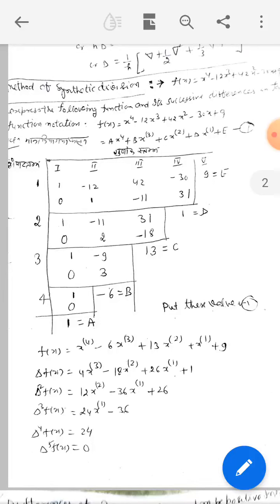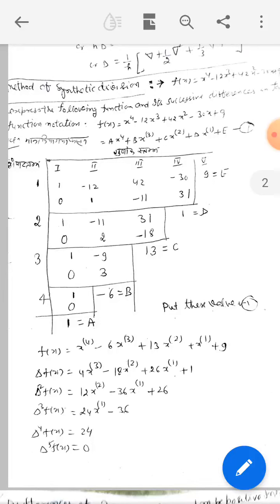So for the solution of this, we write down the coefficients of x to the power 4, x to the power 3, x to the power 2, x to the power 1: 1, minus 12, 42, minus 30. On the left-hand side we take 1, and this is multiplied by 1, 0, 1, and so on, taking the values of e, d, c and b in turn. So in factorial notation we can write f(x) is equal to x to the 4 (factorial) minus 6 x to the 3 (factorial) plus 3 x to the 2 (factorial) plus x to the 1 (factorial) plus 9.